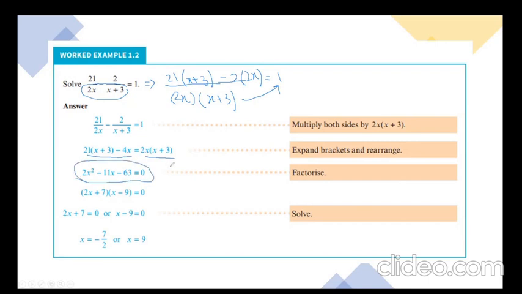Multiply it with the whole term. So this must be 2x square minus 11x, expanding it. How to do it? That must equal minus 63, so 63 multiplied by 2 is 126.